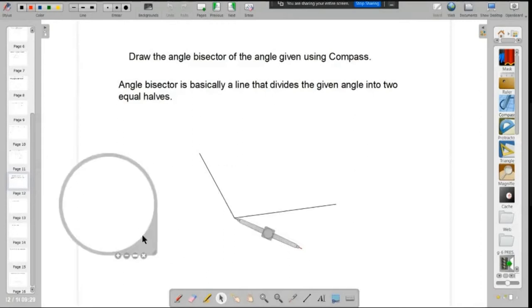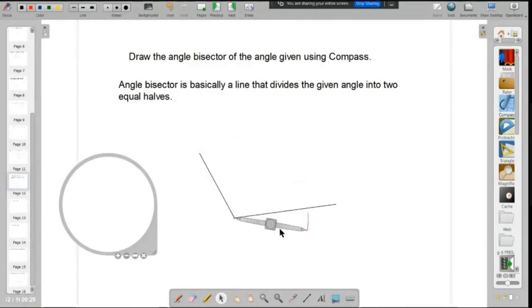Then I will make the distance of the compass less than the arms of the given angle, so that the arc drawn will cut the arms. Now I will draw an arc like this. See, I have set a longer distance, so it is not cutting.